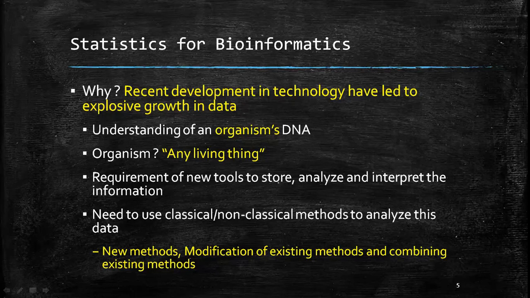These databases contain complex, noisy, and probabilistic information that needs adaptation of classical and non-classical statistical methods to new conditions. The new science of statistical bioinformatics aims to modify available classical and non-classical statistical methods to develop new methodologies and analyze the databases to improve the understanding of the complex biological phenomena.